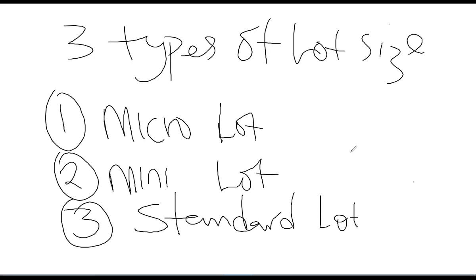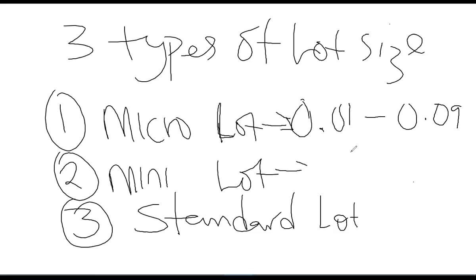If you're trading a micro lot, it starts from 0.01 to 0.09. While a mini lot starts from 0.10 to 0.90.